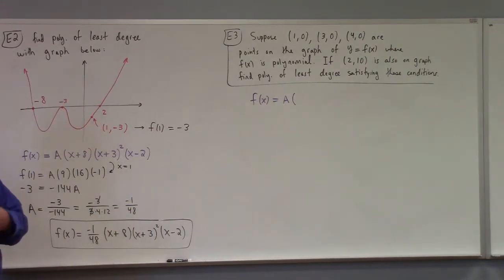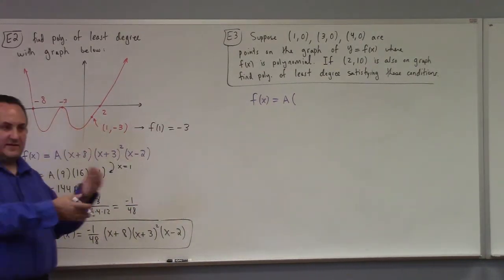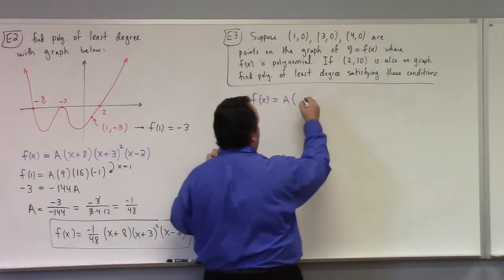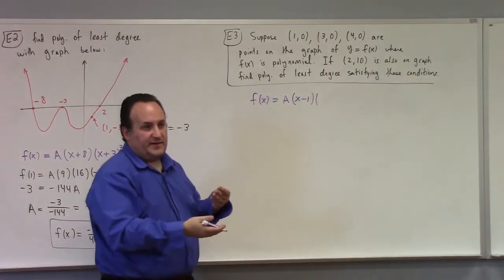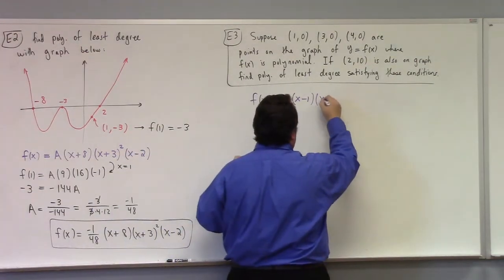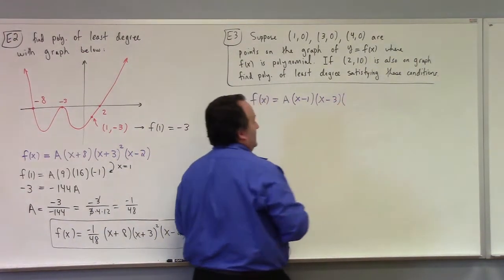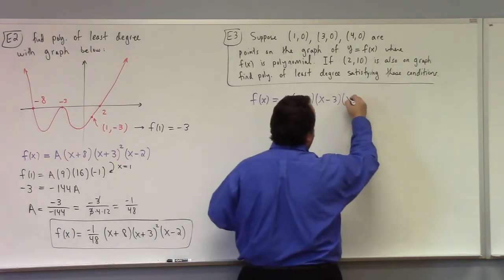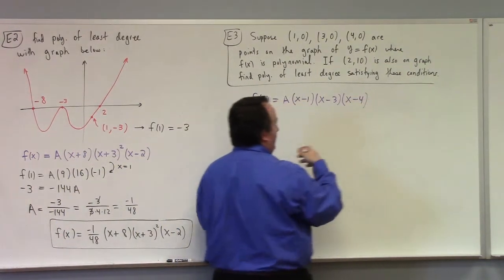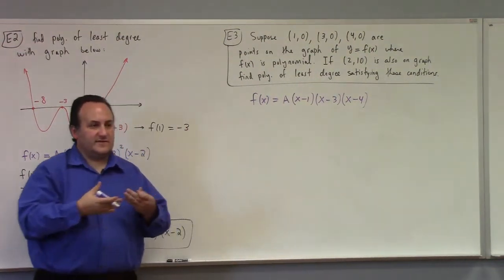To get the 1, 0 in the graph, we put an x minus 1, right? The factor theorem says put x minus 1 there. To get the 3, 0, we put an x minus 3. To get a 4, 0, we put x minus 4. And why don't I want any of these to be squared?